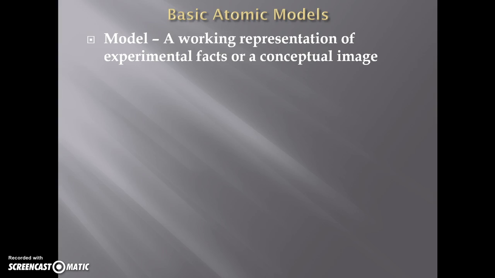And this is really what you do in science: you develop models that fit the facts, that are based on certain things that you've observed as you go through the scientific method. And so you'll see there's a number of different models of atoms over the years, and they've changed because we've learned new things about atoms.